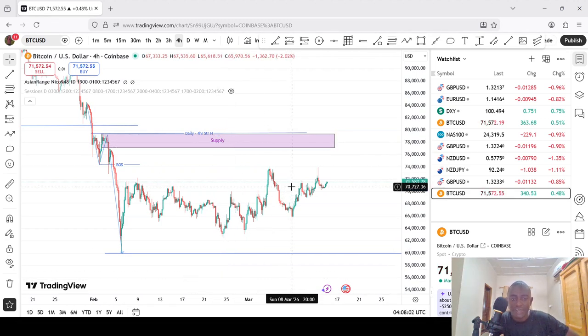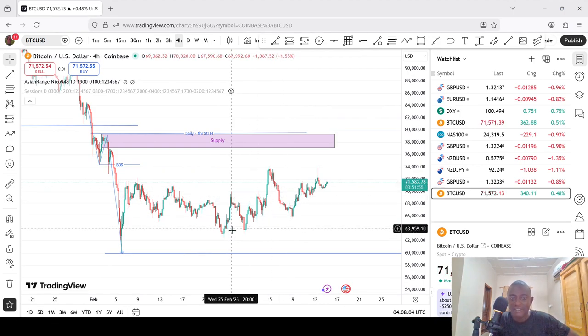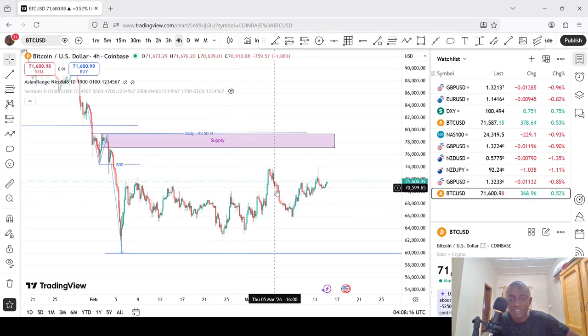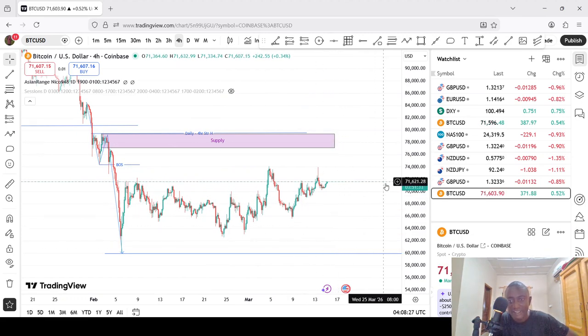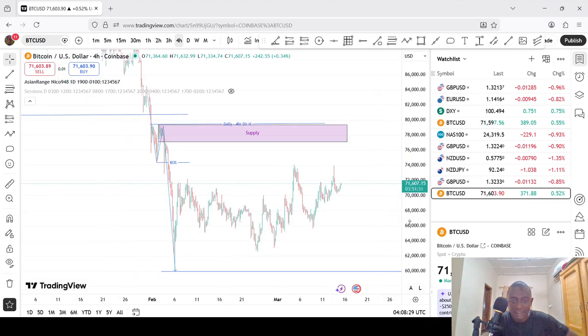So you can also follow what is happening within the 4 hour time frame, like the range for the pullback, so that maybe you can get opportunity to buy to this side, target this side, then you sell. But mostly, as I said, it is always better to wait for price around this section, then you enter.